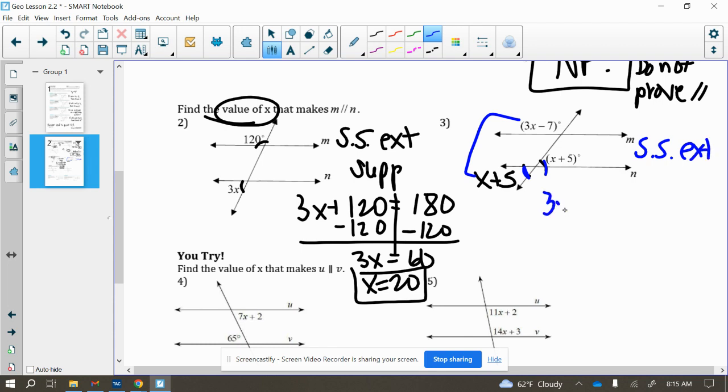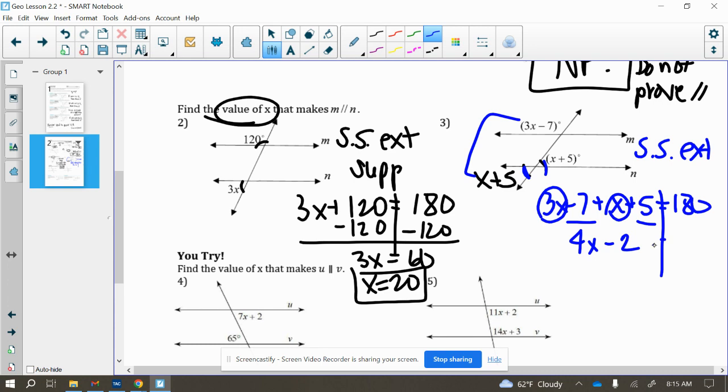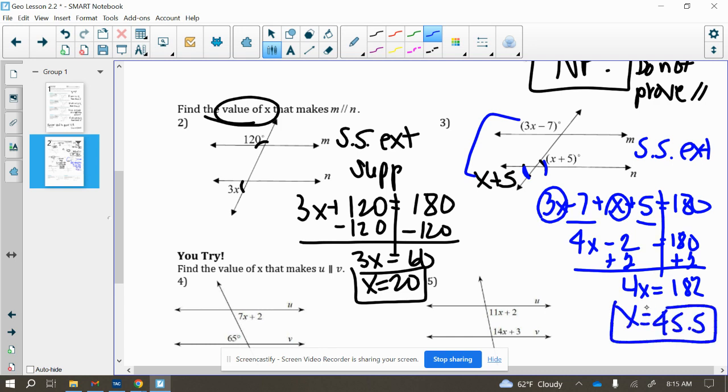So again, we know that these would have to add up to equal 180 in order to find our value of x. So condense first, 3x plus 1x, we have 4x, negative 7 plus 5 is negative 2. Add 2 to both sides. We get 4x equals 182. And when we divide by 4, we get a decimal, but that's okay, 45.5.